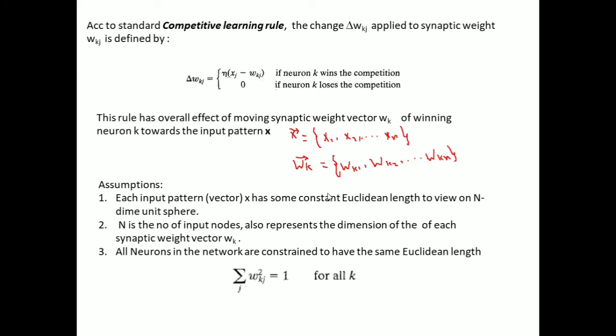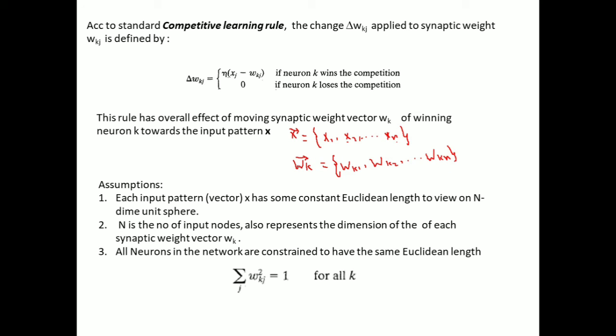Let us say we have an input vector x which is having x1, x2 and so on up to xn, and the synaptic weight vector Wk which is nothing but Wk1, Wk2 and so on up to Wkn.